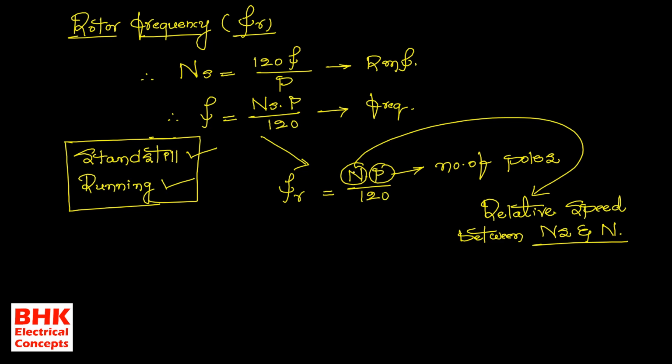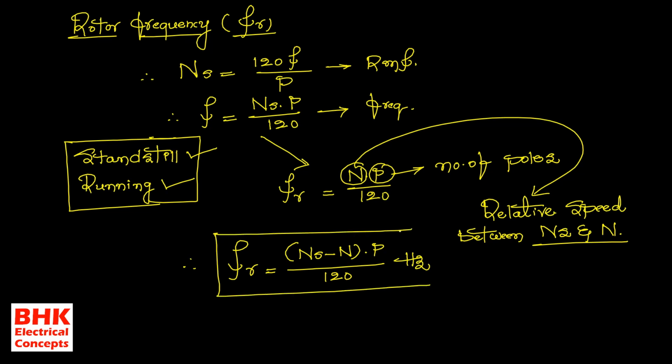So the relative speed can be written directly as Ns minus N, into P divided by 120. The unit of frequency is always hertz.